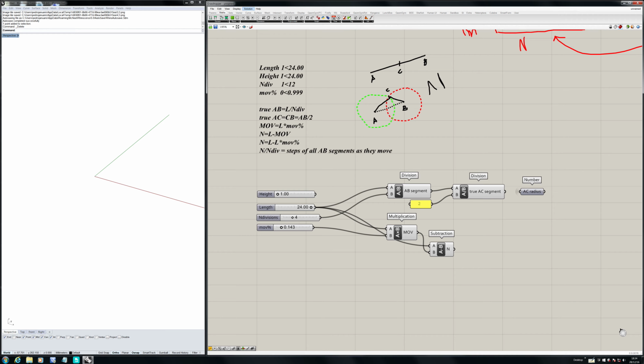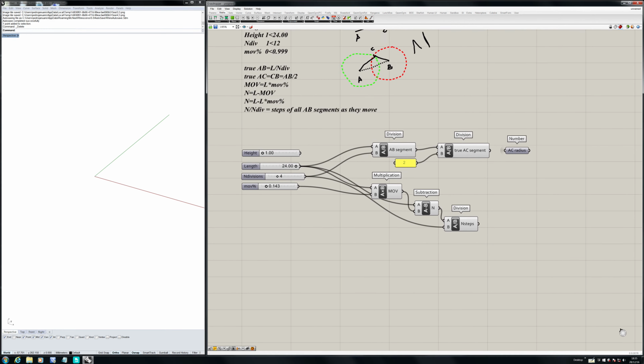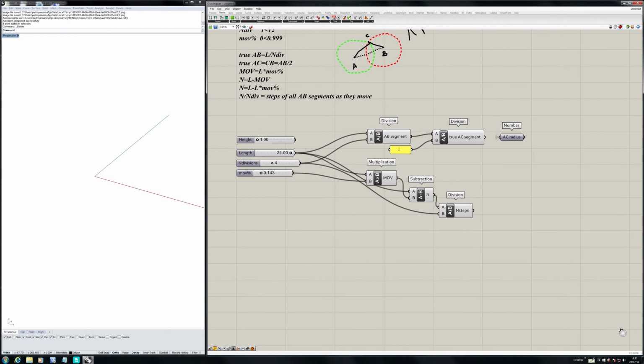And if I divide n by the number of divisions, I'm going to get the n steps. Okay, so now we need points.